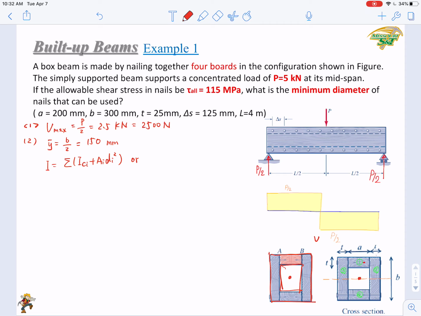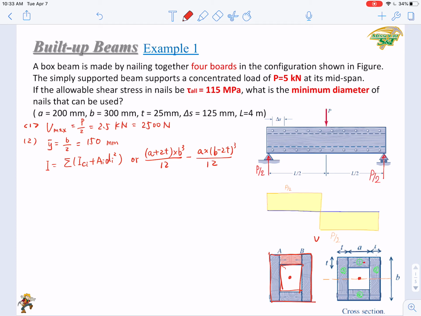So in this case, the bigger B value will be A plus 2T. This is A plus 2T times B cube over 12 minus the smaller one, which will be A times B minus 2T cube over 12.